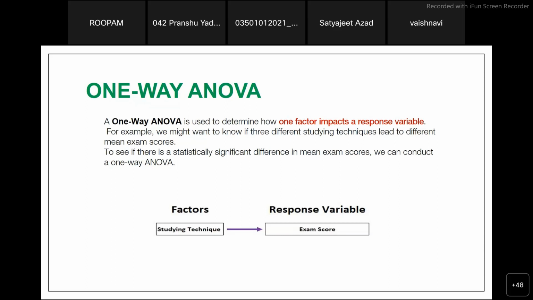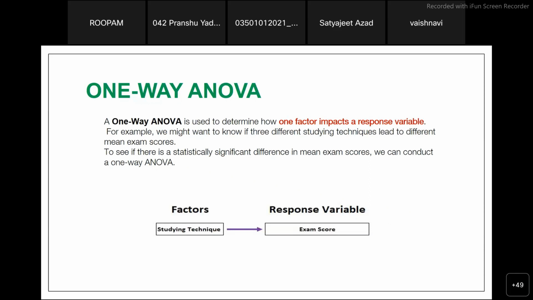Let's say in a group of 100 students, I picked 25, 25, 25, okay? And I exposed them to 4 different studying techniques. Then they took the final examination and I captured their marks. So marks would be your response variable and your studying technique would be the factor.